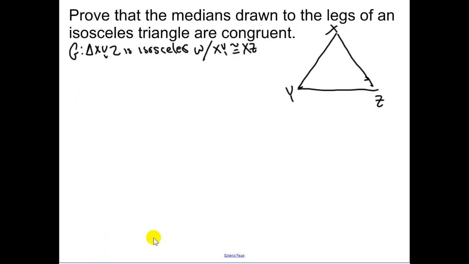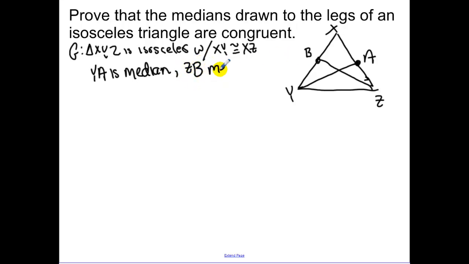Now we also have to draw in our medians. YA is a median and ZB is a median. We want to prove that the medians drawn to the legs of an isosceles triangle are congruent.